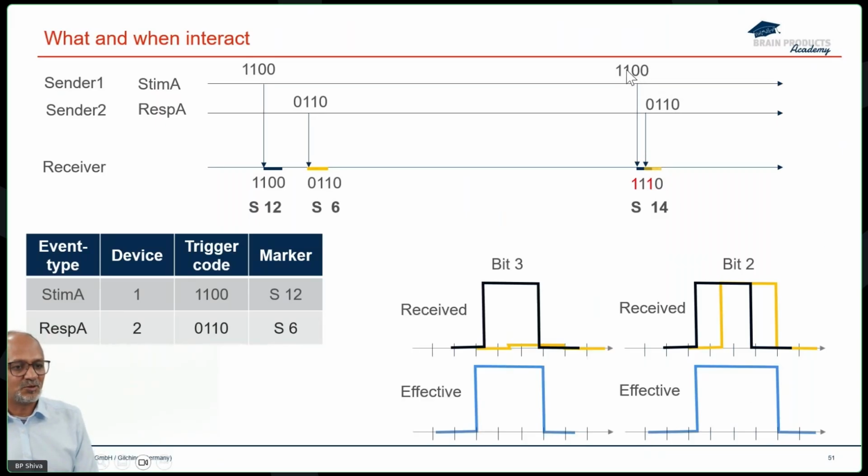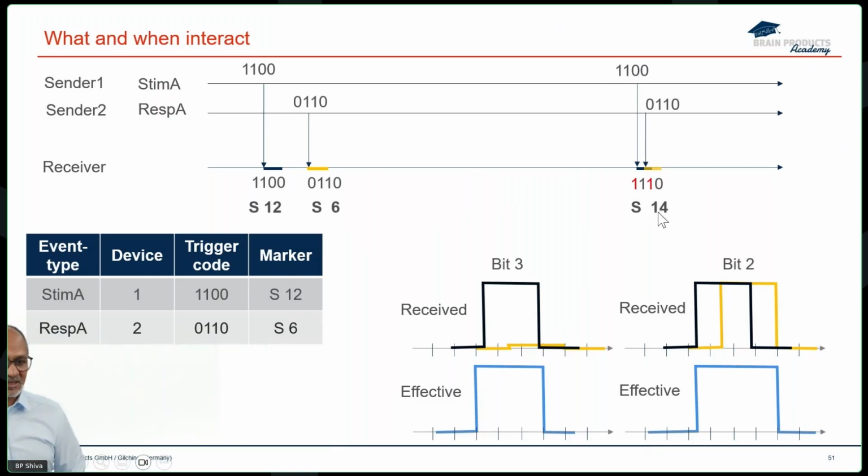Again, 0, 1, 2, 3, 4. This is a 1 here and a 0 here. This is going up while the other one is down, but the net effect looks as if there is a pulse. So the receiver receives a trigger code resembling this and decodes it as the marker S14.